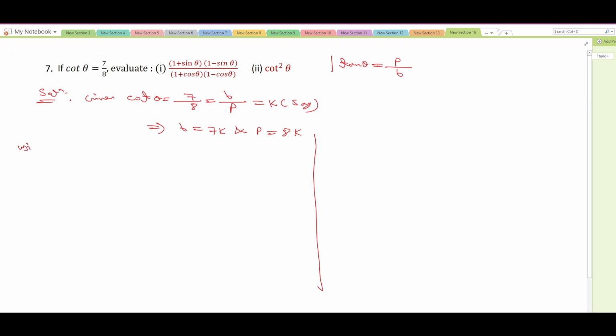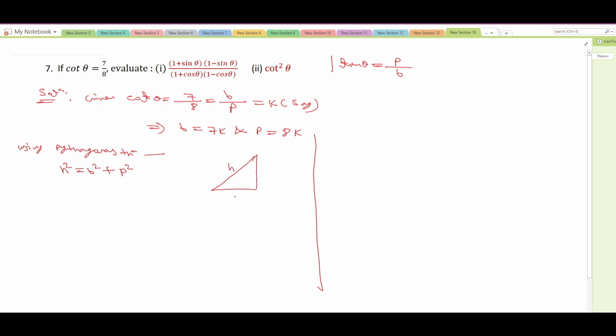Now using Pythagoras theorem, we have h square equals b square plus p square, where b is base, p is perpendicular, and h is hypotenuse.